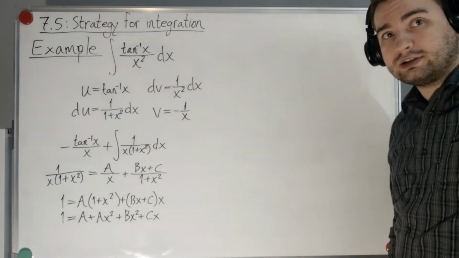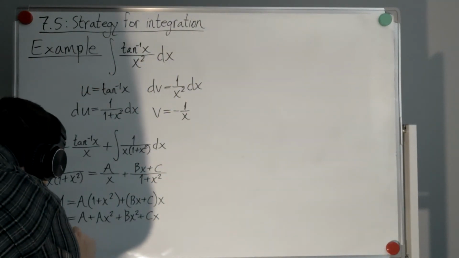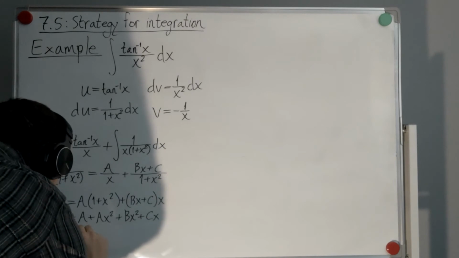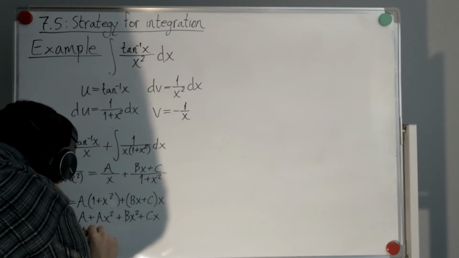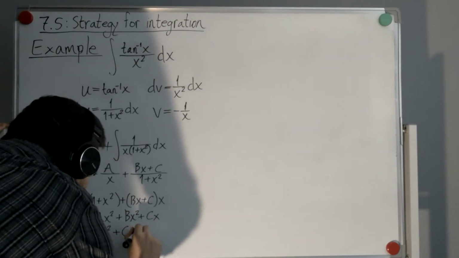And then from here we can collect like terms and powers of x. So what we'll get here is 1 equals a plus b times x squared, and then plus cx plus a.